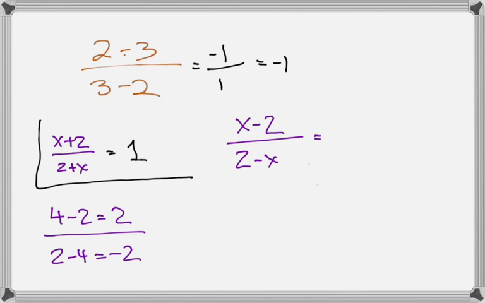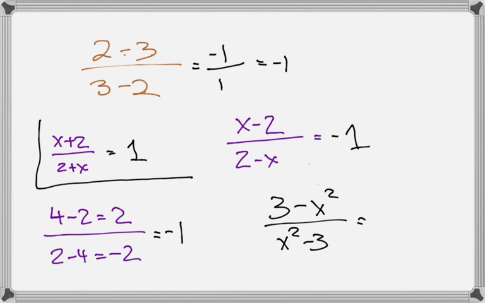X minus 2 over 2 minus x, negative 1. 4 minus 2 over 2 minus 4, negative 1. 3 minus x squared over x squared minus 3, negative 1. So we cannot just reduce it to 1, we have to reduce it to negative 1.